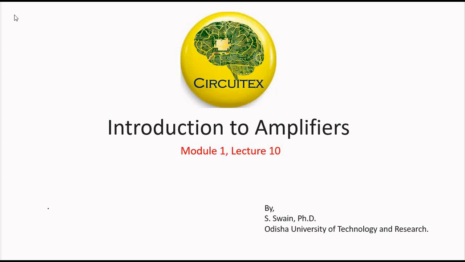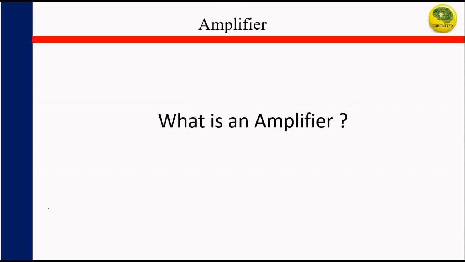Guys, moving on to introduction to amplifiers. The first topic to be covered is what is an amplifier? An amplifier can be defined as a device which is used to increase the signal level. It is used to get a larger signal output from a small signal input.